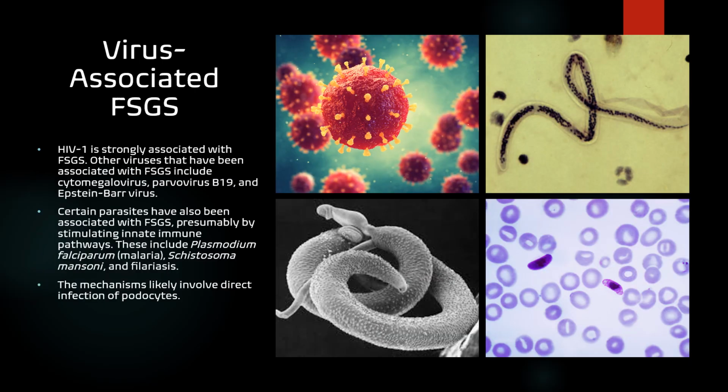In relation to virus-associated FSGS, HIV type 1 has been strongly associated with FSGS. Other viruses associated with FSGS include cytomegalovirus or CMV, parvovirus B19, and Epstein-Barr virus or EBV. Certain parasites have also been associated with FSGS, presumably by stimulating innate immune pathways.